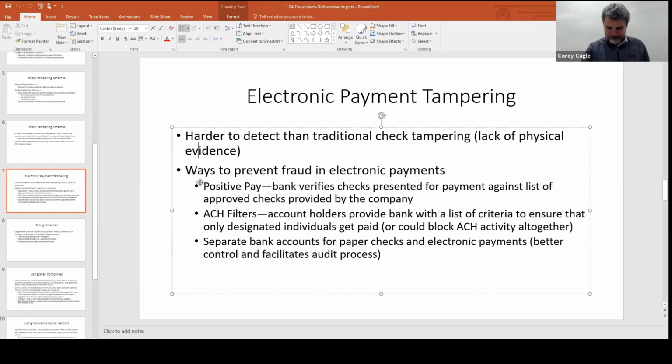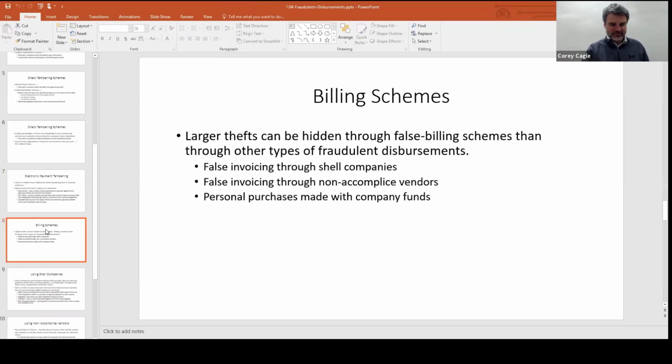All right, billing schemes. These are kind of interesting to read about with the examples and things, but you are setting up fake invoices to make it work so that you're able to pay yourself for fake things, right?